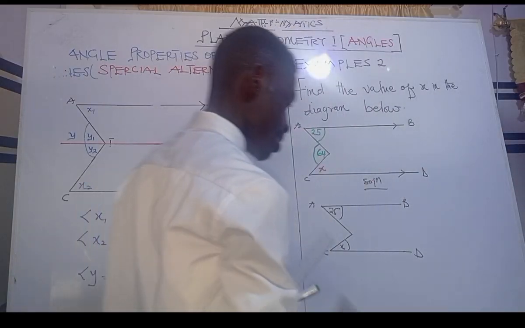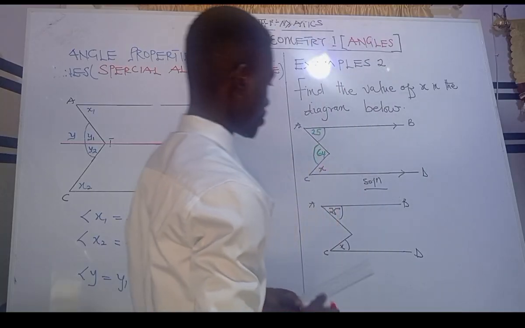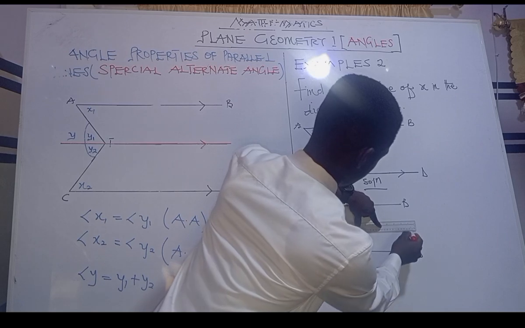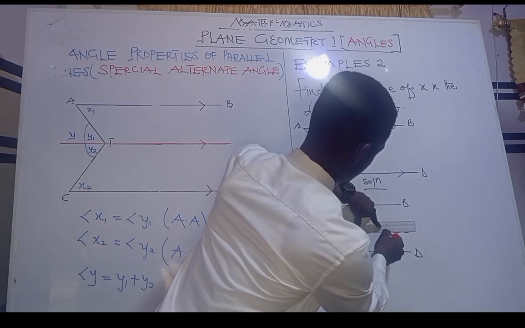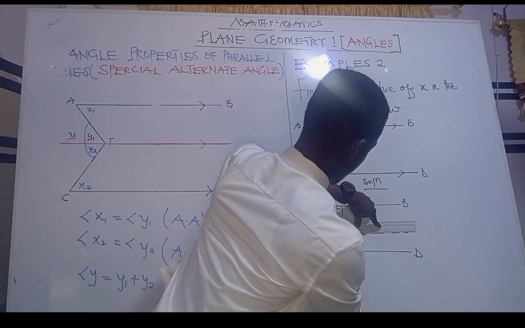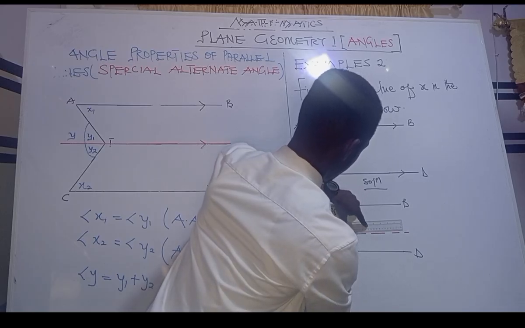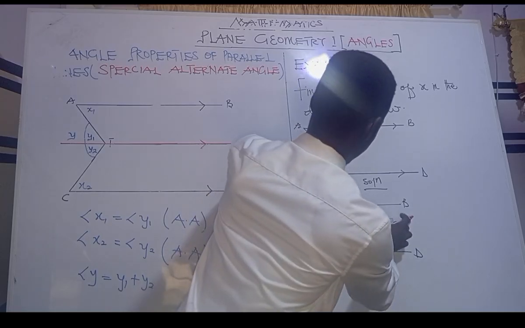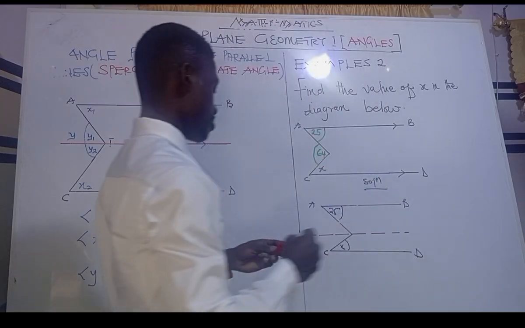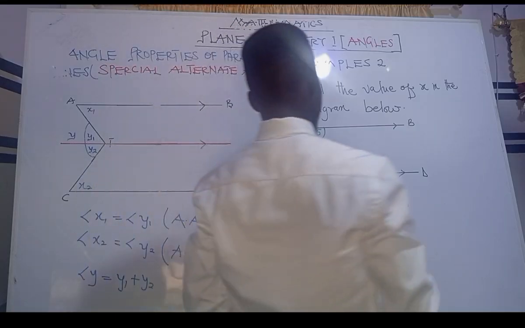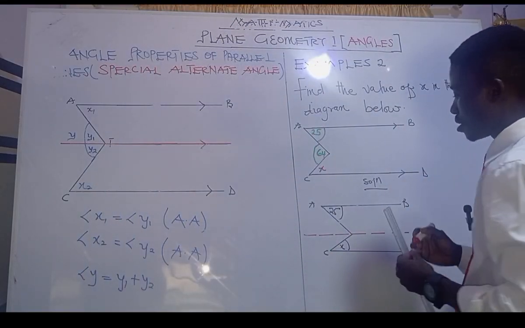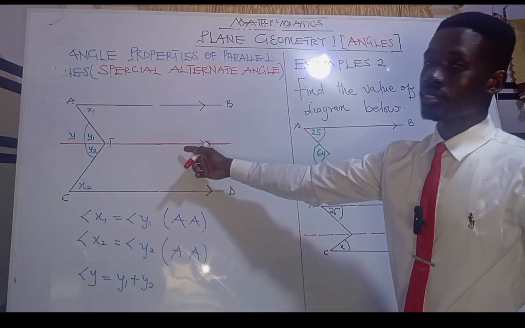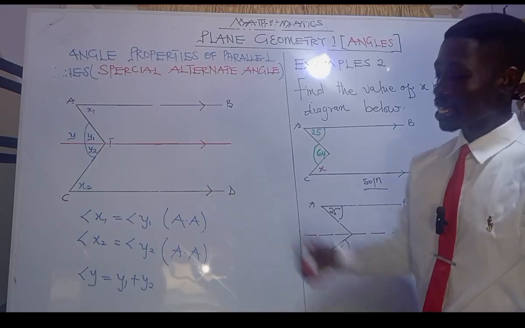Let's use the red marker. So this is our third parallel line, like the one that we have drawn here.